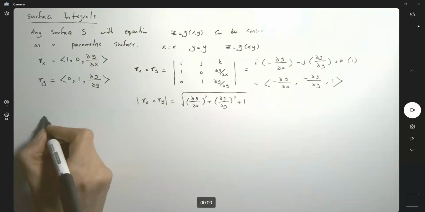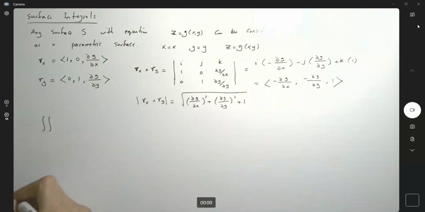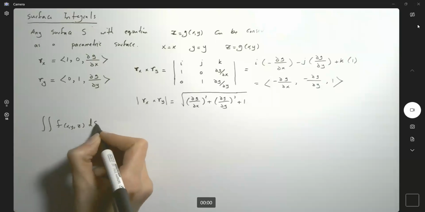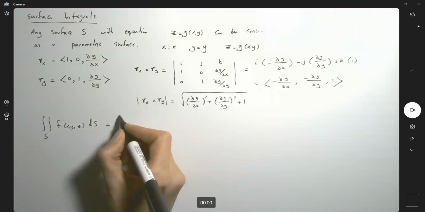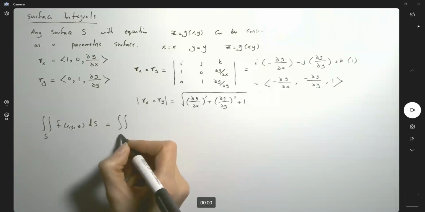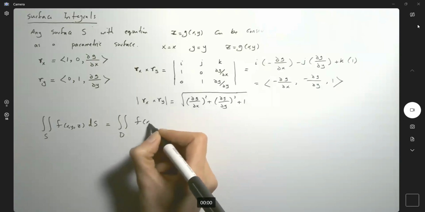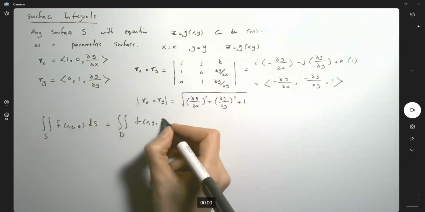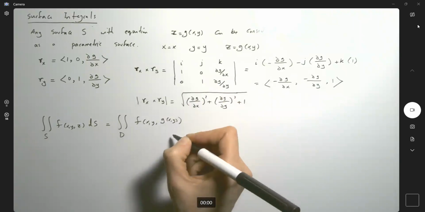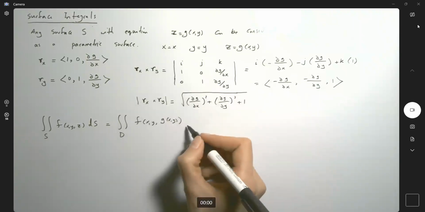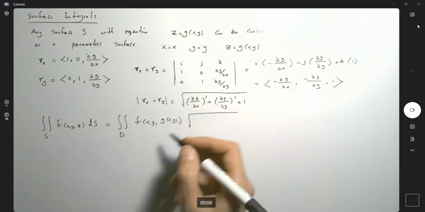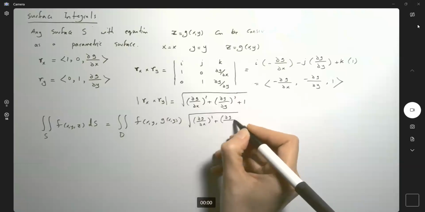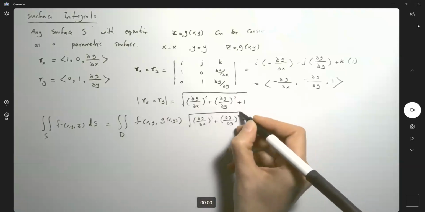So the surface integral of function f of x, y, and z dS over S can be written as the double integral over region D of f of x, y, and then z is just a function of x and y, so here you have g of x and y, and then you're going to take this magnitude, the square root of the partial derivative of g with respect to x squared plus the partial derivative of g with respect to y squared plus 1, dA.